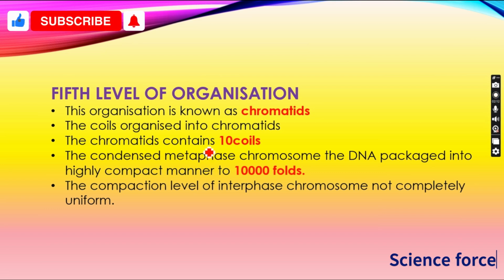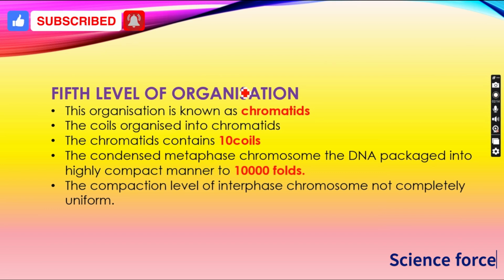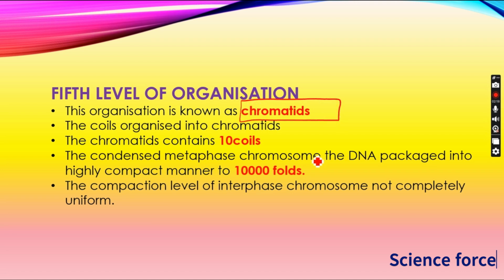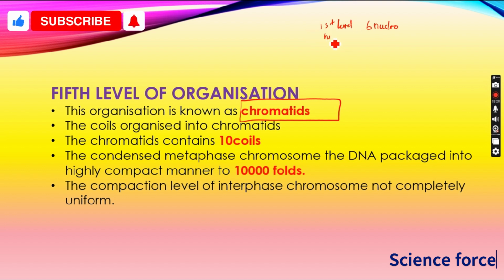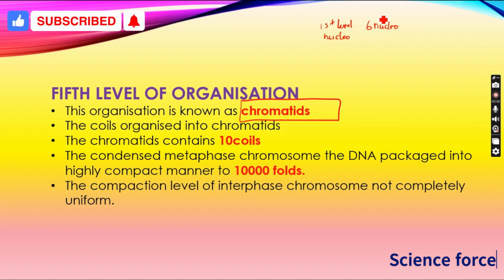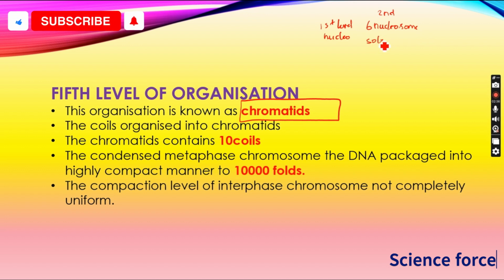The fifth level of organization is going to be chromatid formation. As we said, 6 nucleosomes in the first level of organization, which is made up of nucleosomes. In the second level of organization, 6 nucleosomes can form a solenoid.